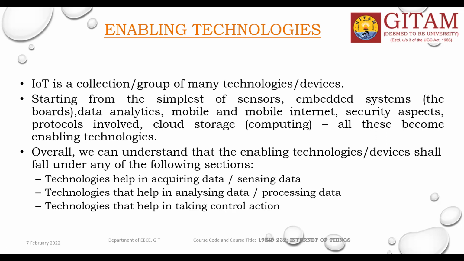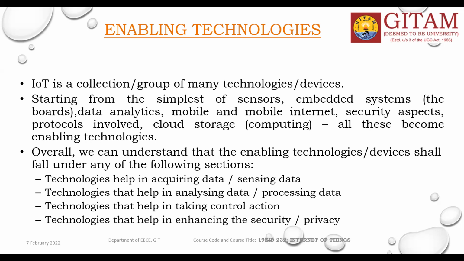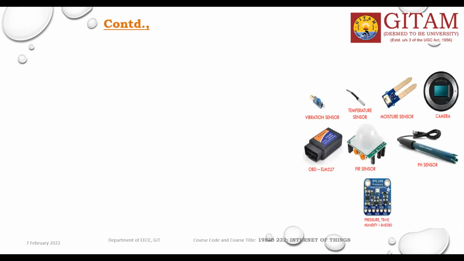And technology that helps in tracking the control action, so based on the data reading and understanding, you supply some kind of control signals. Technologies that help in enhancing security and privacy also come under the enabling technologies.